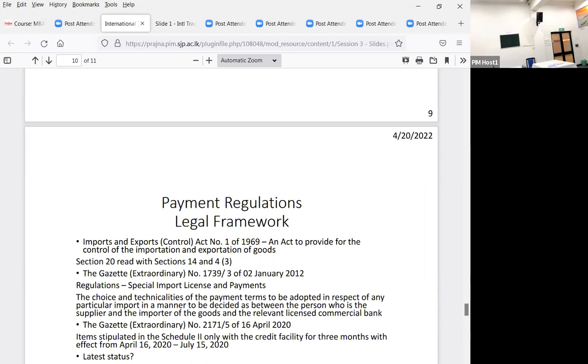Now, yesterday, how many people have listened to the current Central Bank Governor? He says because of the Hawala or Undial, you know what is Undial? What is Hawala? What is Undial and what is Hawala? Both are the same. That is unofficial transaction of foreign currencies.